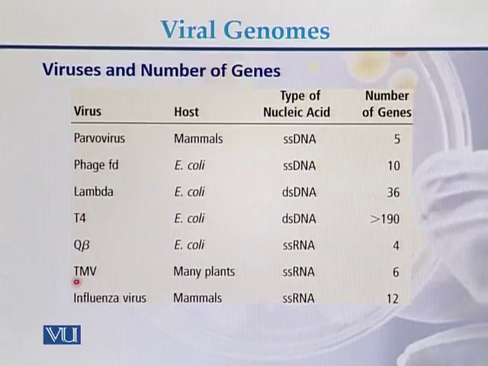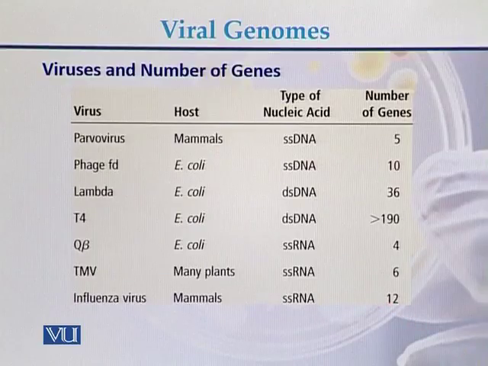Another example is tobacco mosaic virus. It is single-stranded RNA and the number of genes is 6.